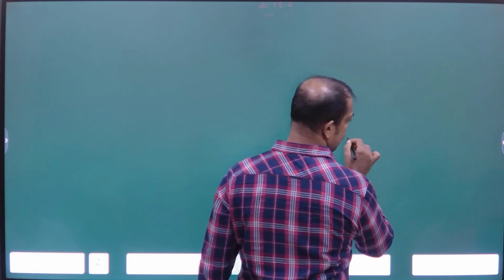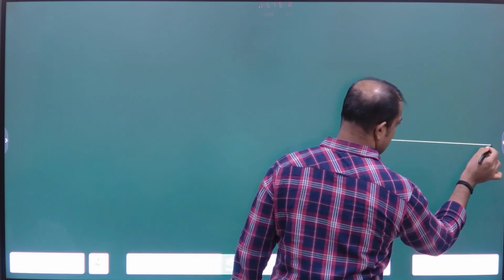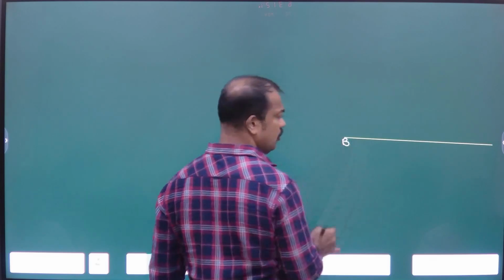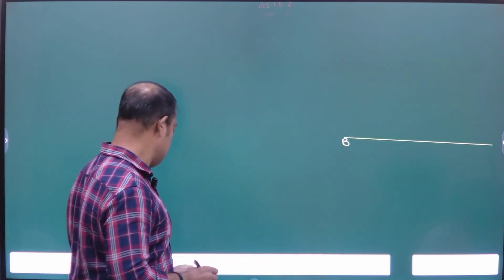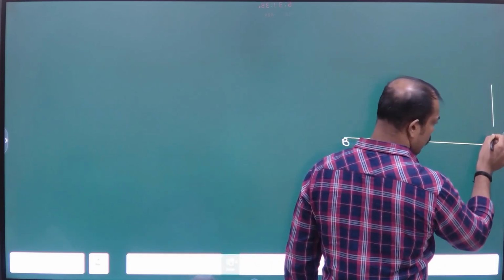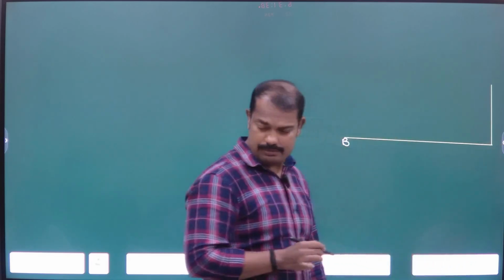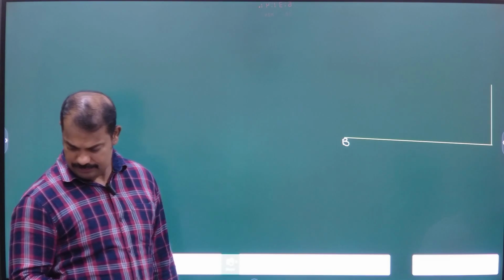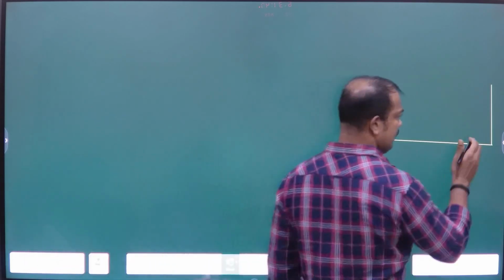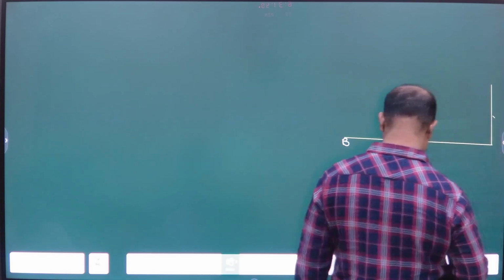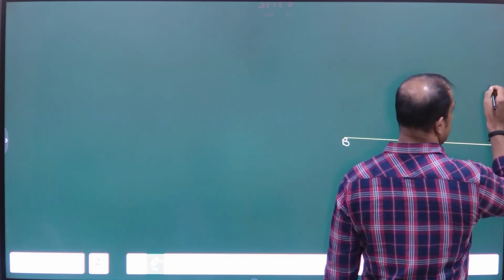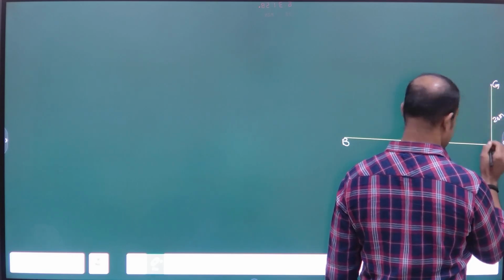Here, B is the position of the boy, and a girl is standing on the roof of a 20 meter high building. This is the position of the girl.